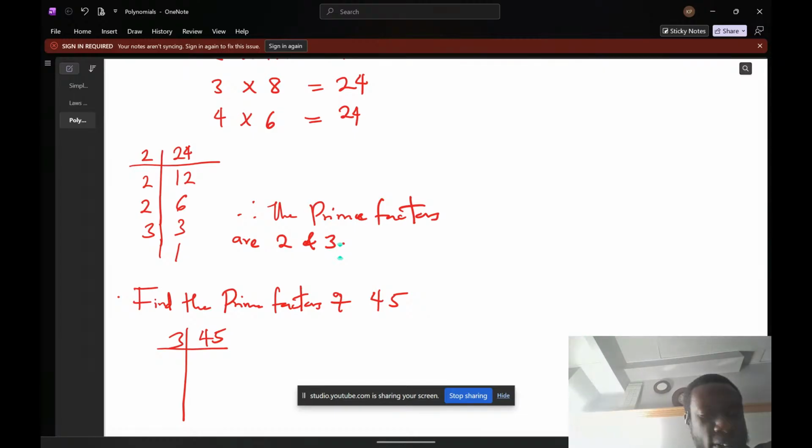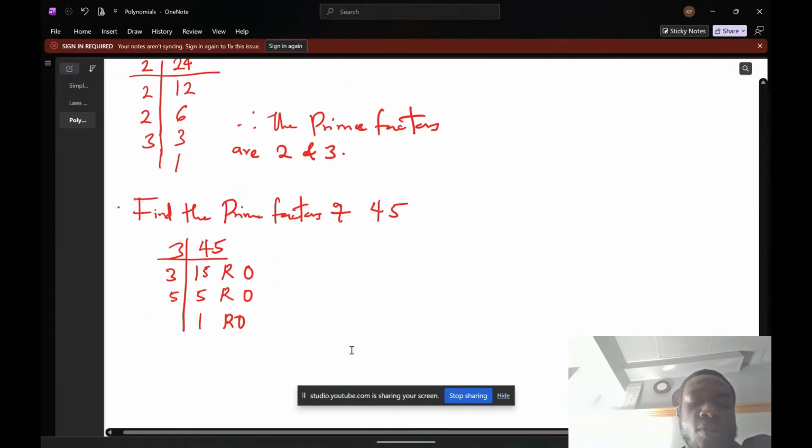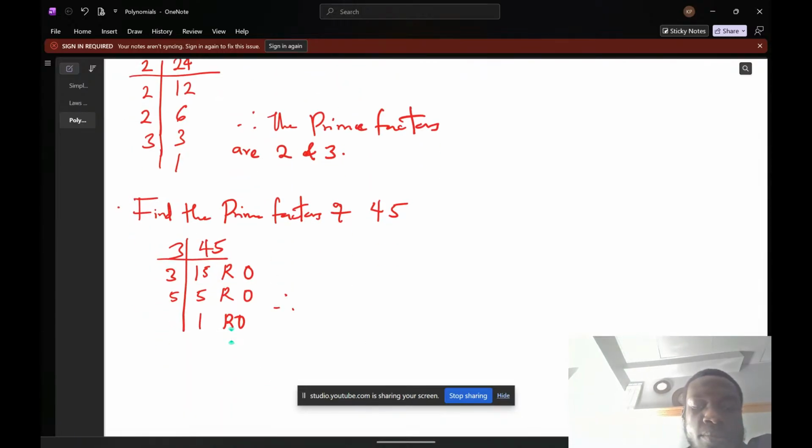So 45 divided by 3 will give us 15, remainder 0. 15 divided by 3 again will give us 5, remainder 0. So now we have to use 5. 5 divided by 5 will give us 1, remainder 0. So therefore, the prime factors are 3 and 5.